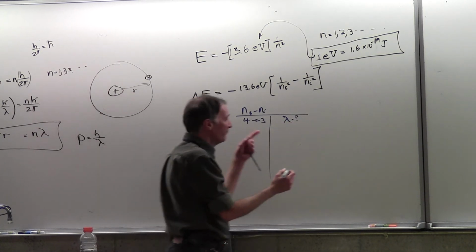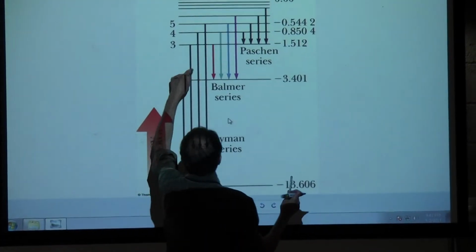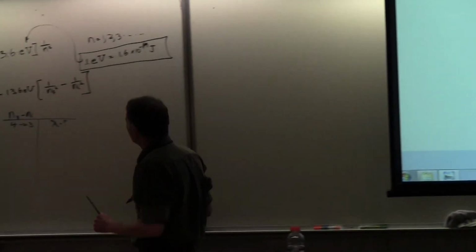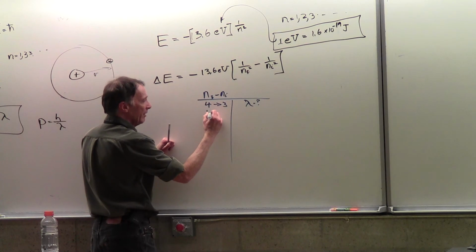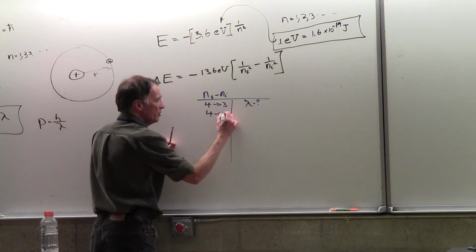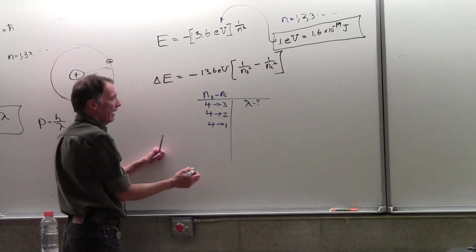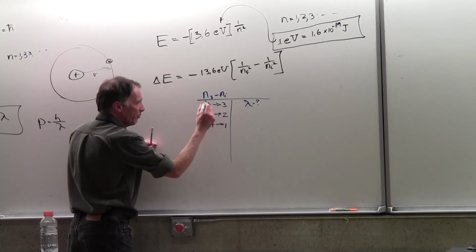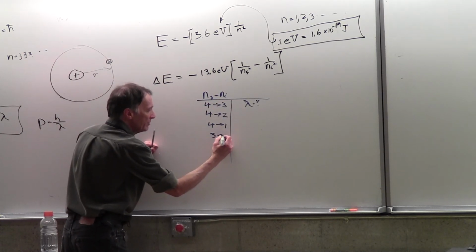And I think of all the ways I could go from the 4th energy level down to the ground. I could go 4 all the way down to 1. I went from 4 to 3. I could also go from 4 to 2. If I went from 4 to 3, I could then go from 3 down to 1.